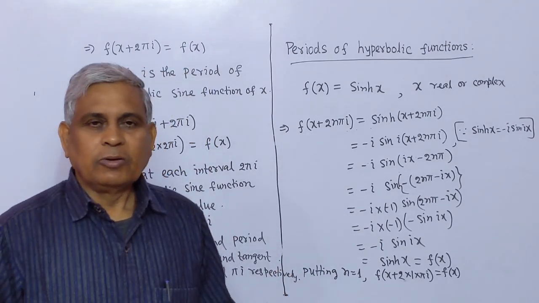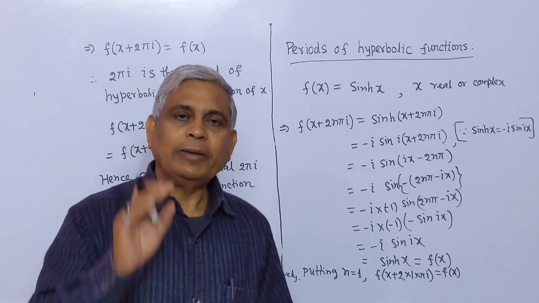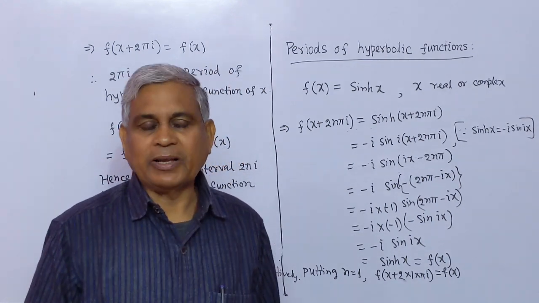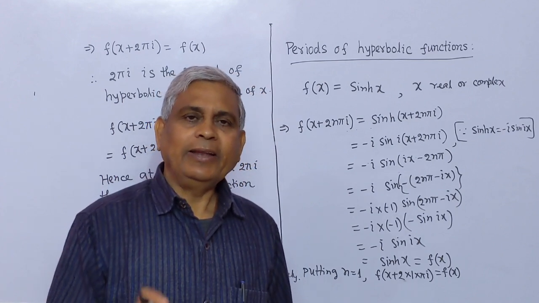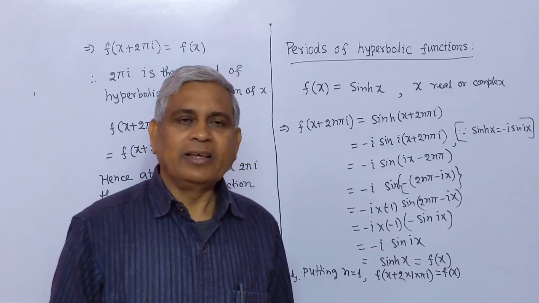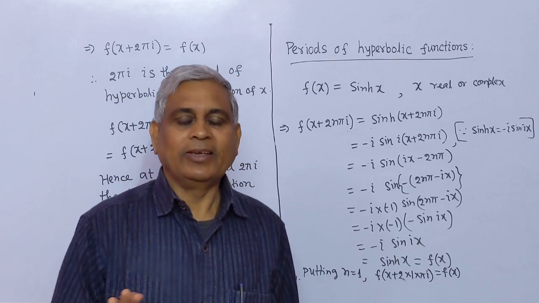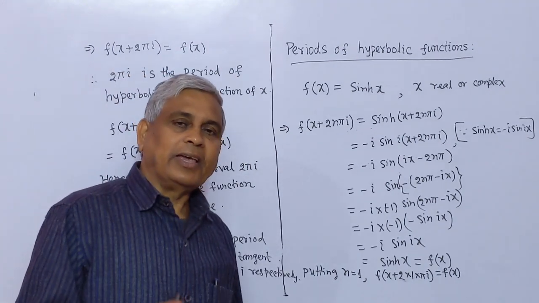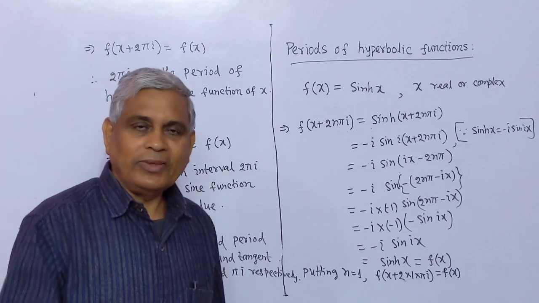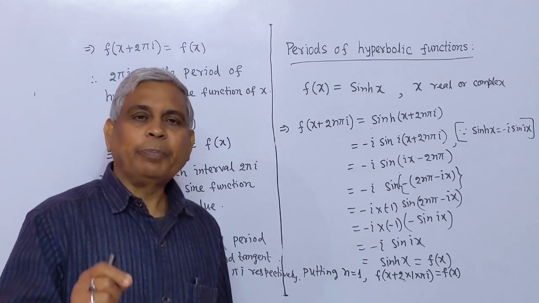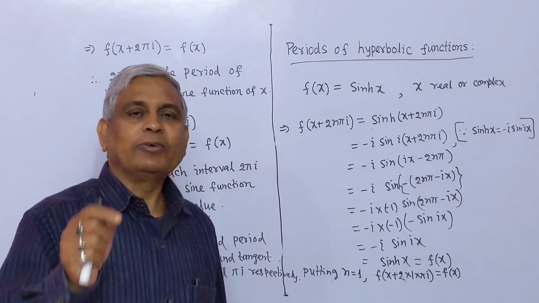Hence we get that the period of the hyperbolic sine and cosine functions is 2 pi i, and in the case of tangent this is pi i. That is, in the case of hyperbolic tangent, the period is half of the periods of the hyperbolic sine and cosine functions.